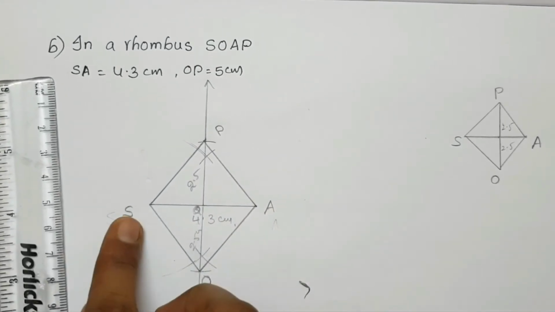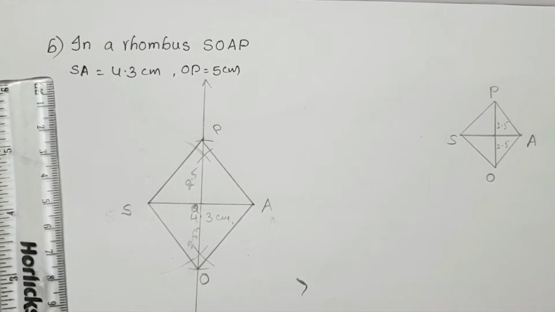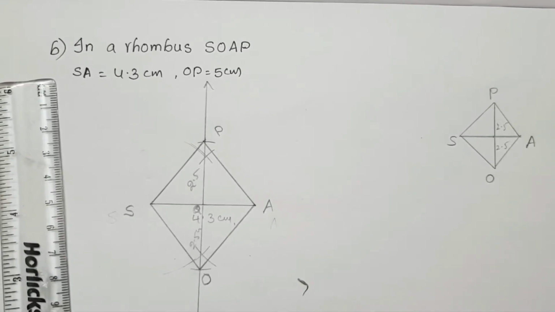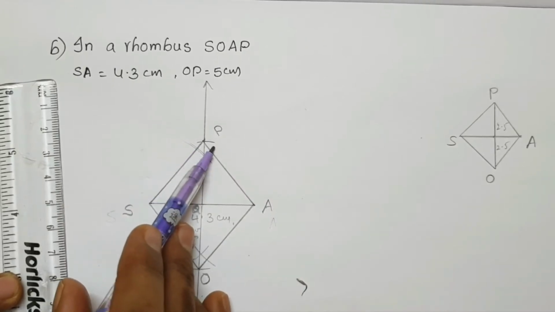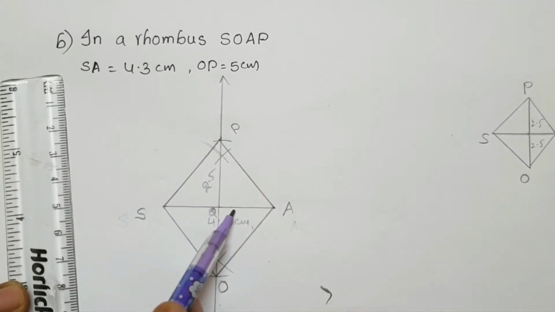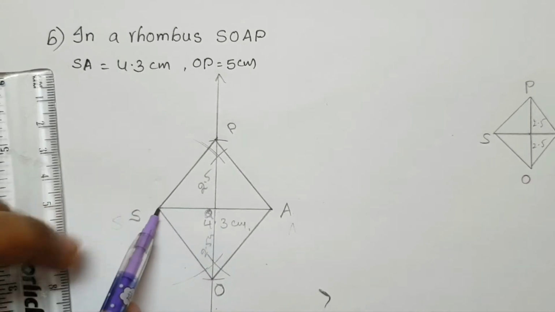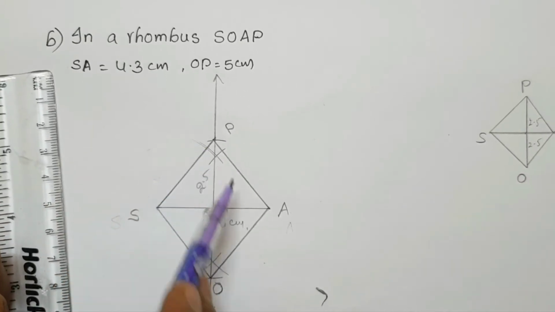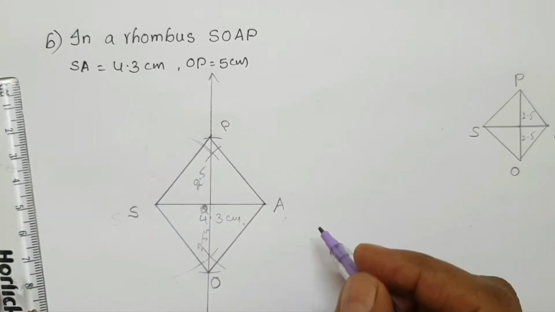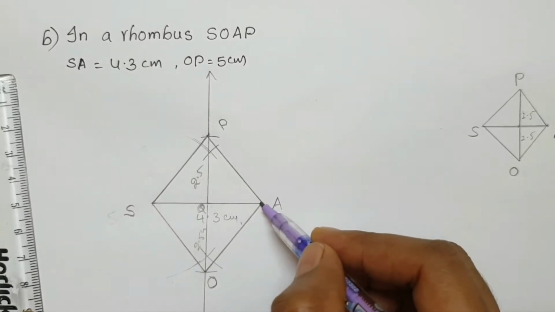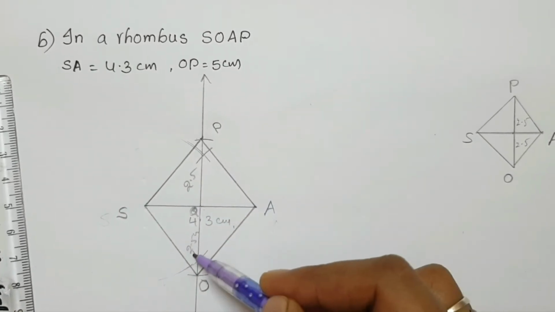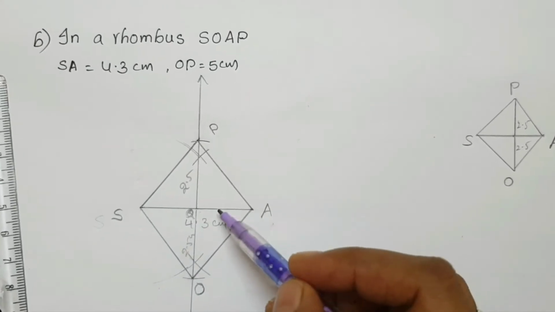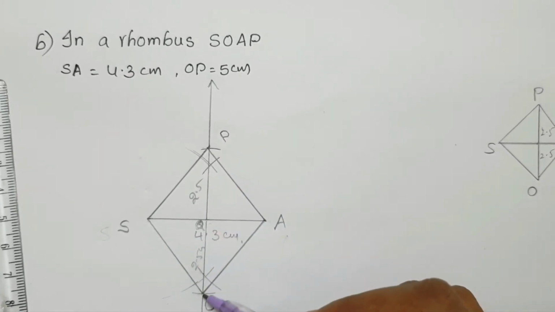First, draw a line segment SA of 4.3 centimeters. Next, with S as center, draw the perpendicular bisector, with more than half arcs from S above and below, and from A above and below.